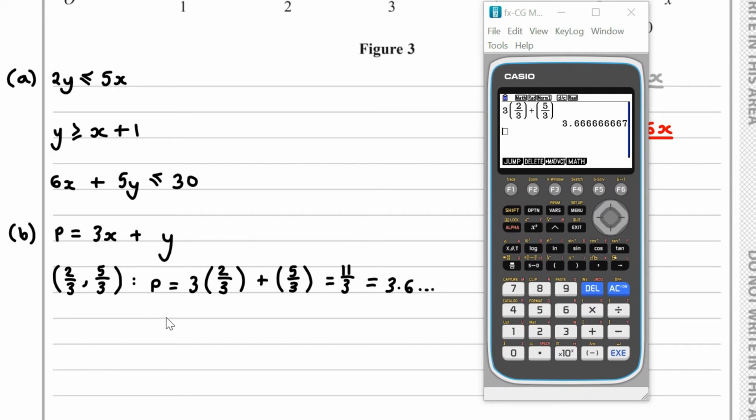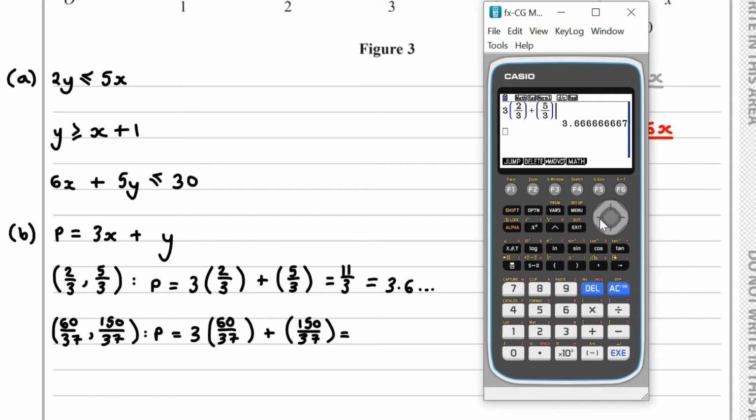If we now consider the coordinate shown here, the 60/37 and the 150/37, we've got p equals 3 lots of 60/37 plus 150/37. So if we work this out, just adjust this.